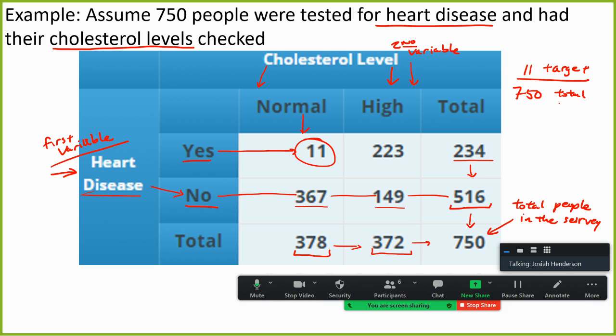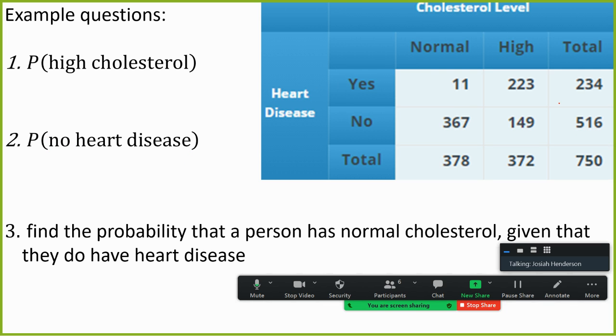Let's look at some different questions with the same information. Here's 3 different questions to practice with. Question 1, probability that you pick one person and get someone with high cholesterol. So what's the total number of people with high cholesterol?